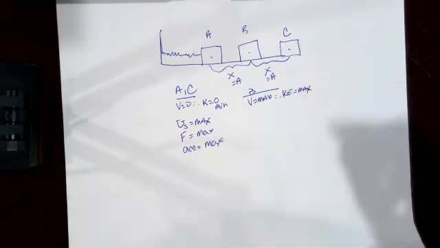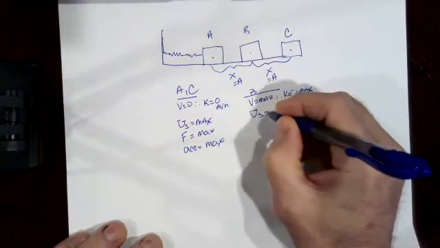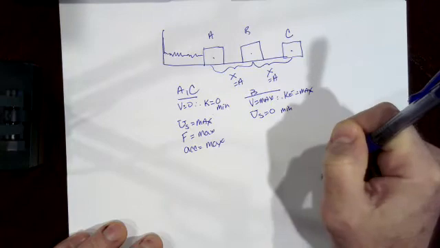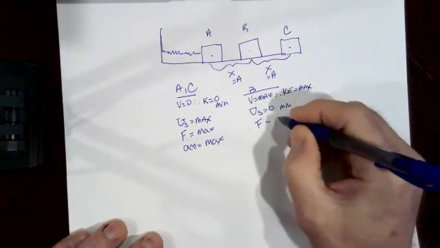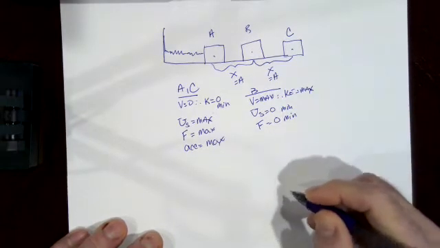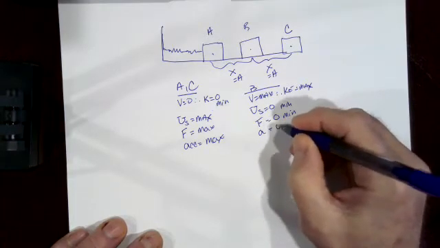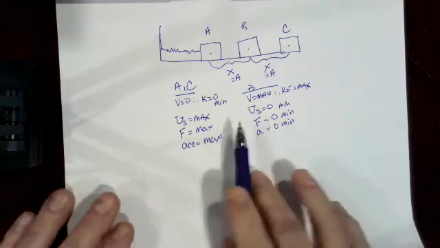Since the spring is not compressed, that means the potential energy in the spring is 0, or at its minimum value. That means that the force in the spring is at its minimum because it's not compressed at all. And that's where your acceleration for that moment in time is at its minimum.